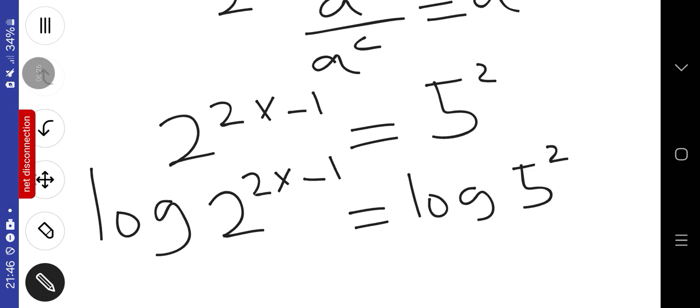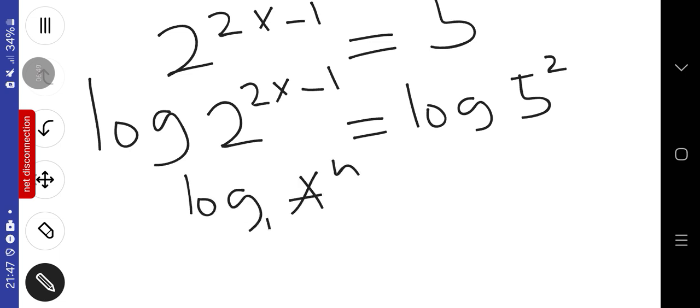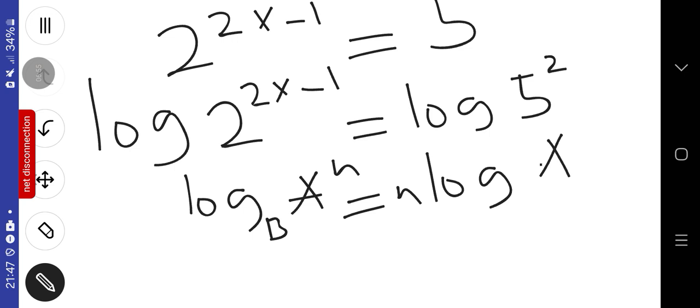Now that we have applied log, let's look at the specific law of logarithm that applies in this situation. Here we introduce a law of logarithm called the logarithm definition. If you have log of a exponent n base b, this is the same as n log a base b. Can you see that?